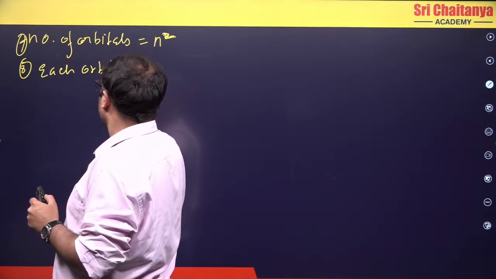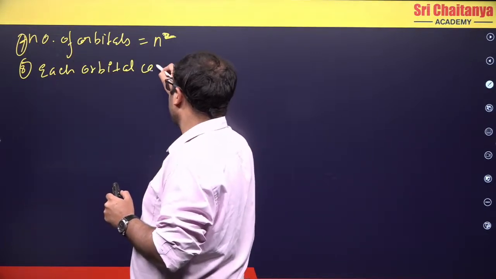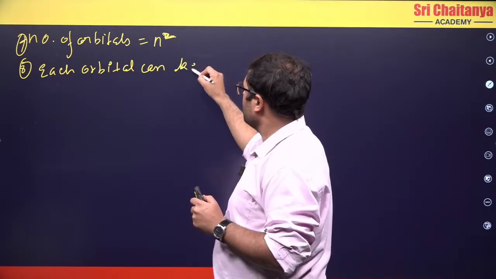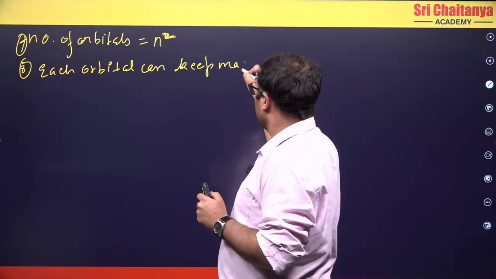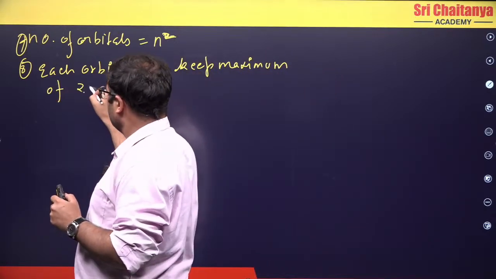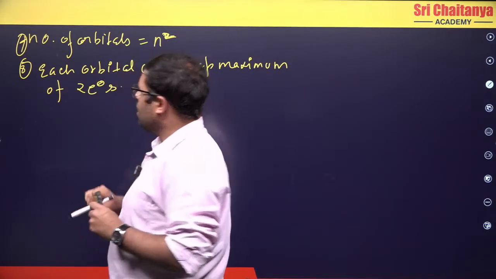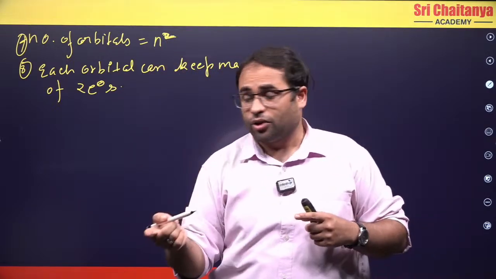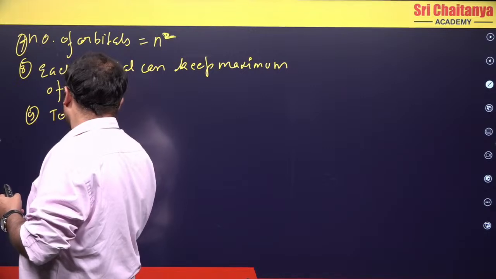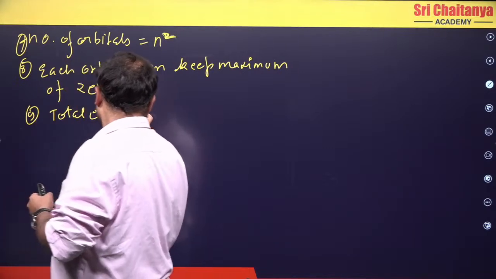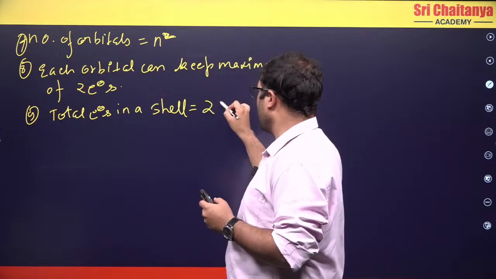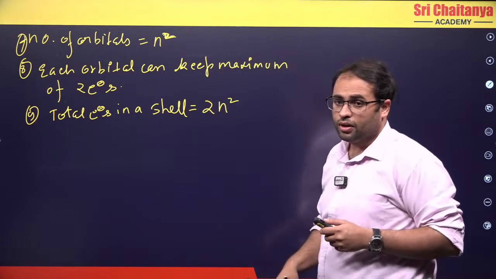8th point. Each orbital can keep a maximum of 2 electrons, right? So, now each orbital can keep 2 electrons. So, what I can say, total electrons in a shell will be twice of n square, right?